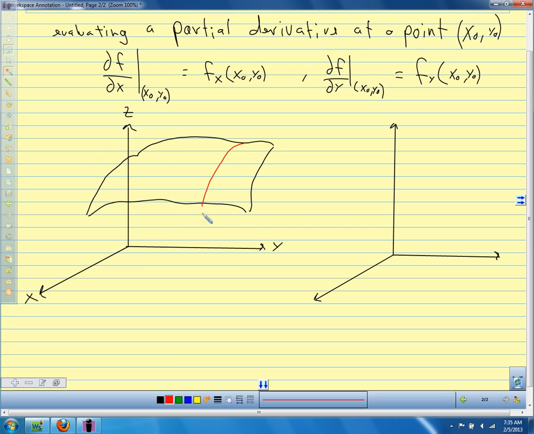If I project this down onto the plane, we have y equals y0 along that line. So we're holding y constant, and f sub x, the derivative with respect to x, gives the slope of this curve at a particular point.